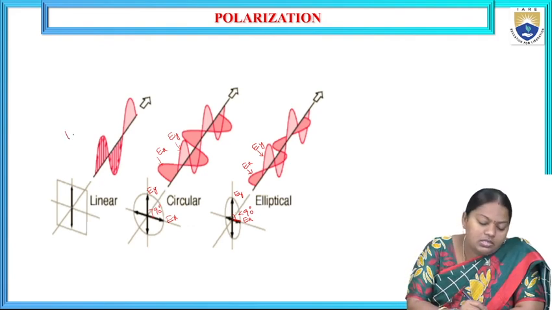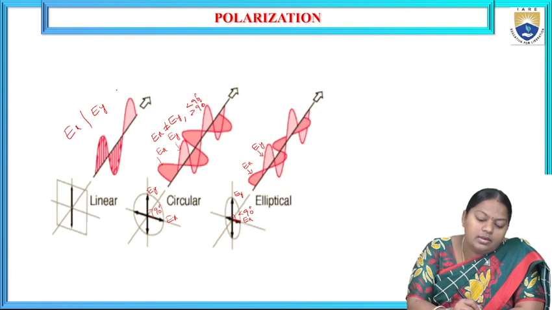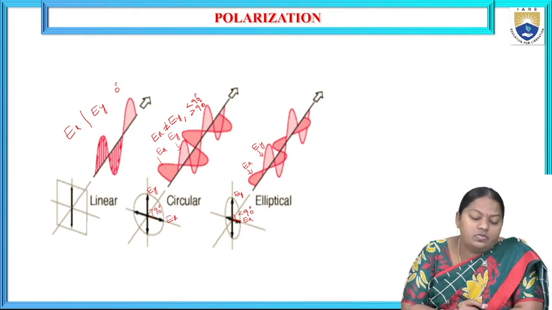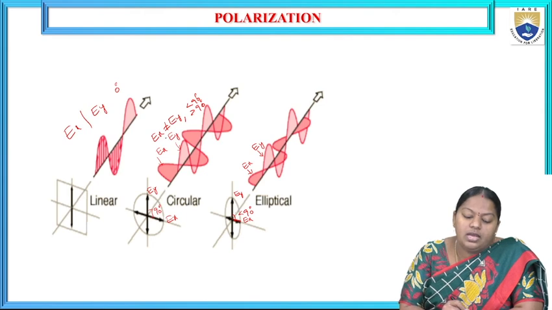Here, for linear, the direction is considered with respect to either the X direction or the Y direction. Here, for elliptical, both directions we have to consider. Ex is not equal to Ey and the angle is less than 90 or greater than 90. For linear, the phase shift is 0 degrees, because we have considered only one direction component. For elliptical, two directions we have to consider and the phase difference is non-zero, not exactly equal to 0 and not exactly equal to 90 degrees, meaning less than 90 or greater than 90.